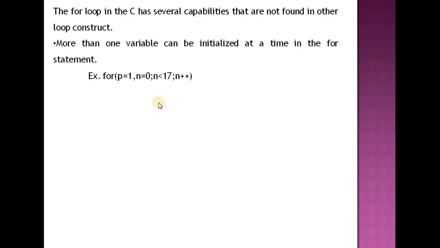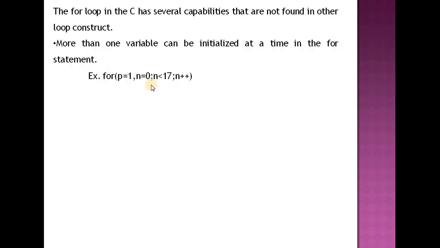We shall see now the last part of this for statement. The for loop in the C has several capabilities that are not found in other loop constructs. Okay, so these are the most important features which are available only in the for loop. First is, more than one variable can be initialized at a time in the for statement.